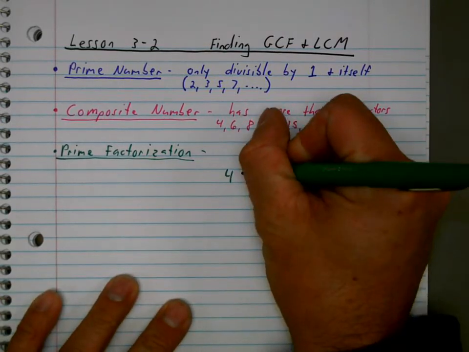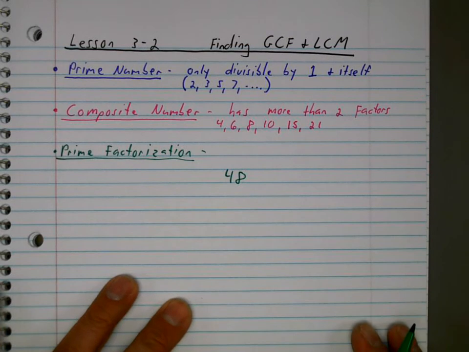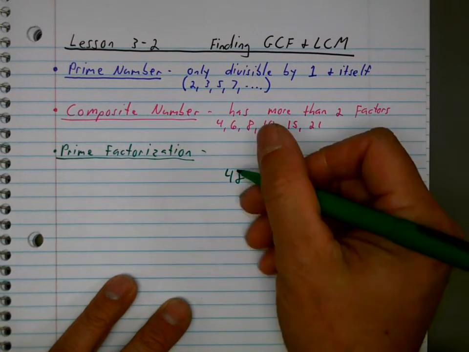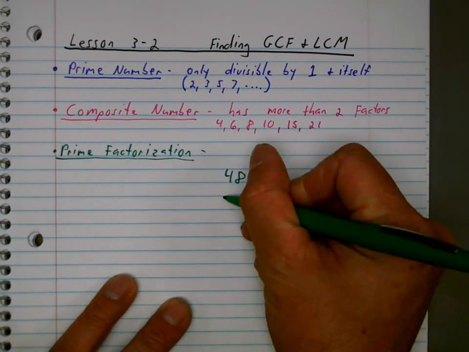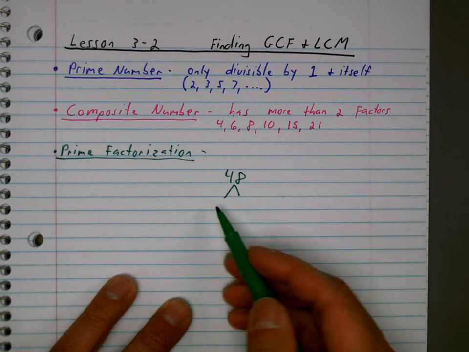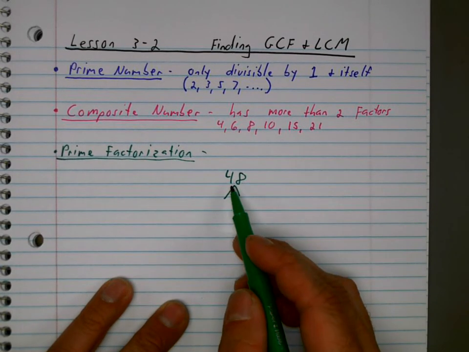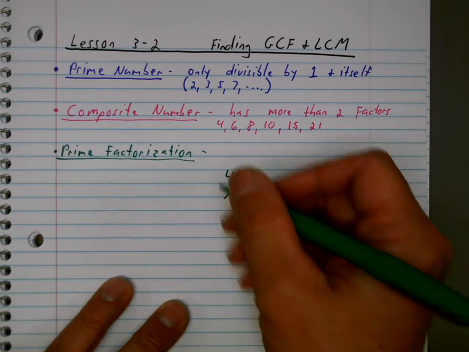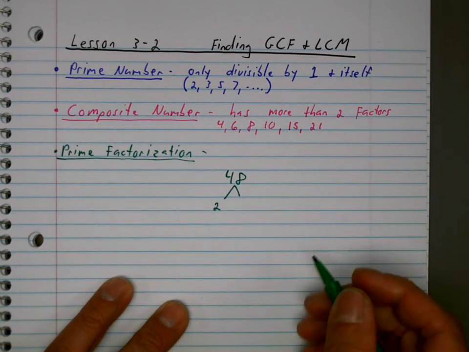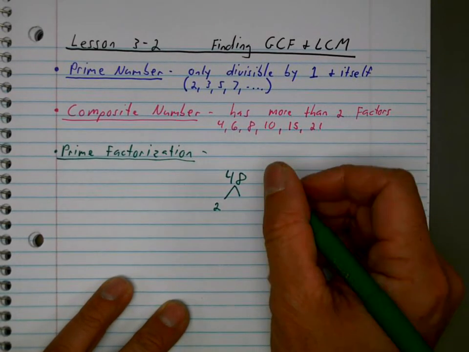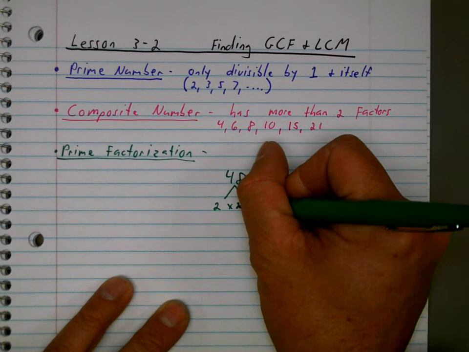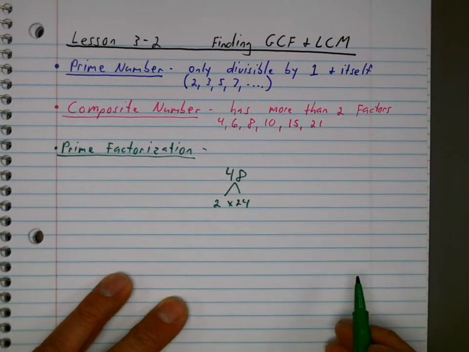So we'll use 48 as an example. I'm going to start with the smallest prime number that would go into 48, and that is 2. So 2 times what gives you 48, and that is 24.